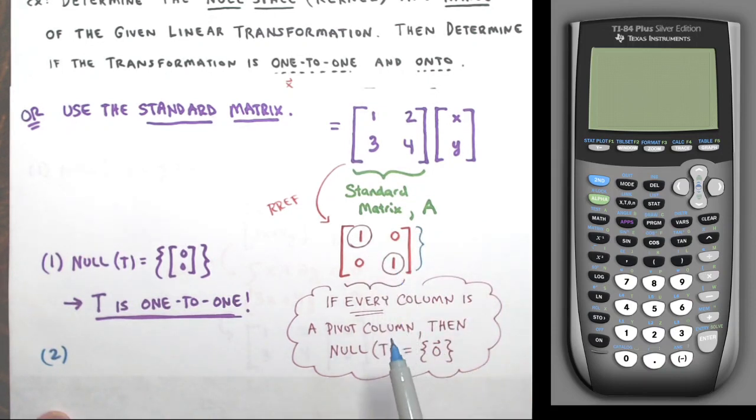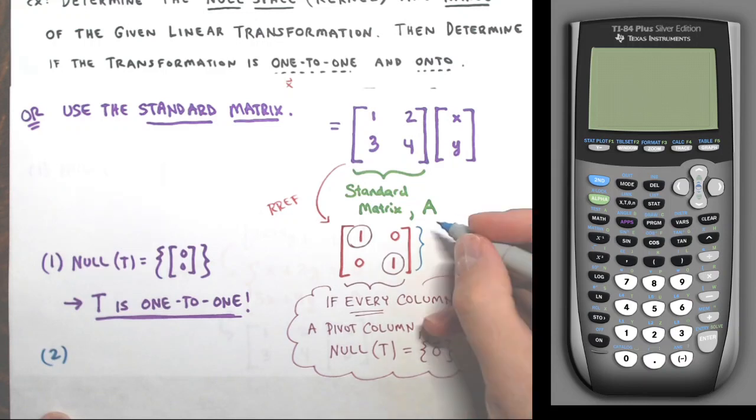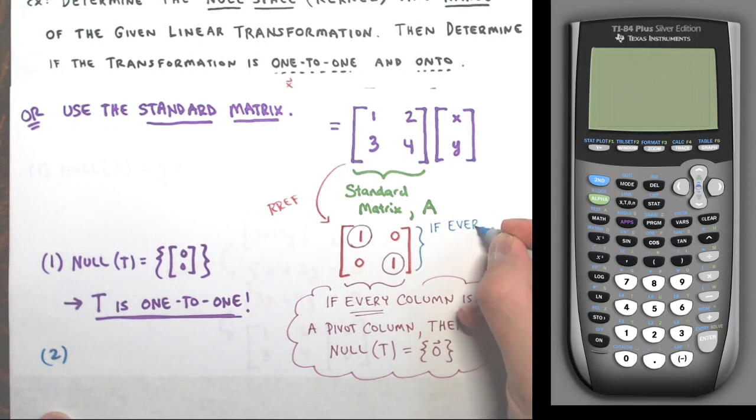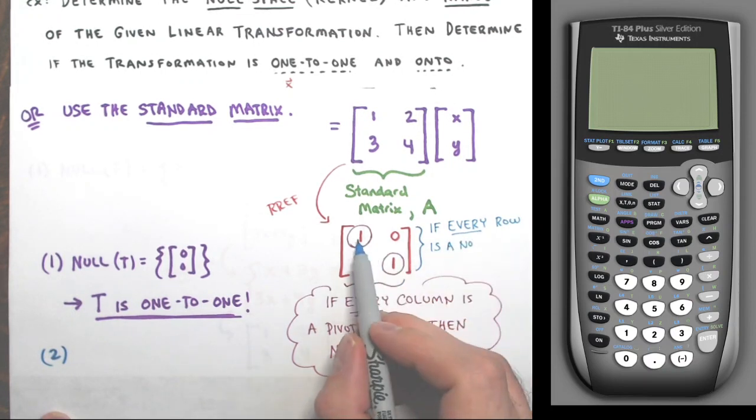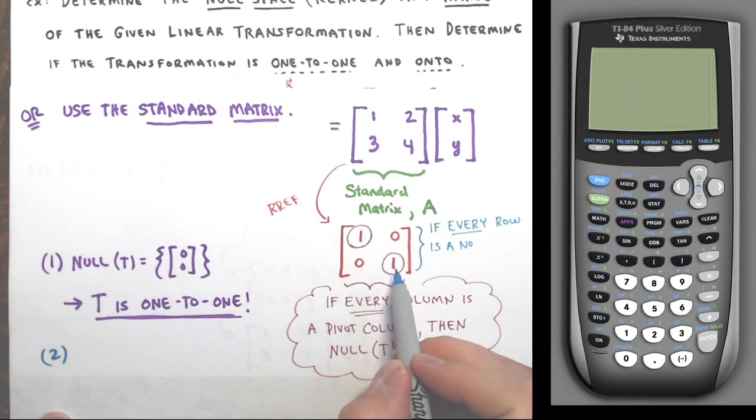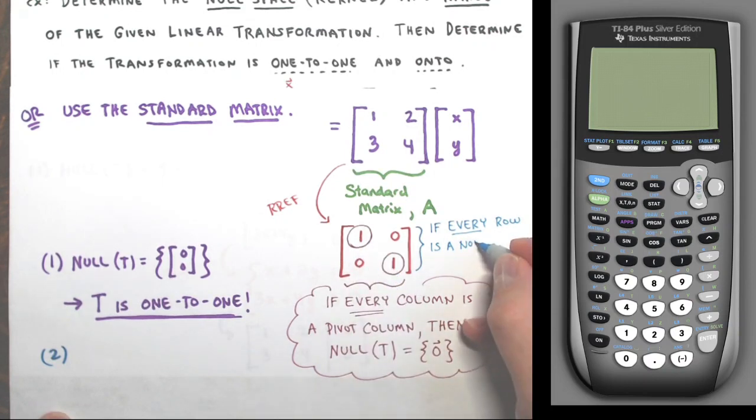If every row is a non-zero row, meaning not all zeros, like there's a 1 in that row, there's a 1 in that row. These are non-zero rows.